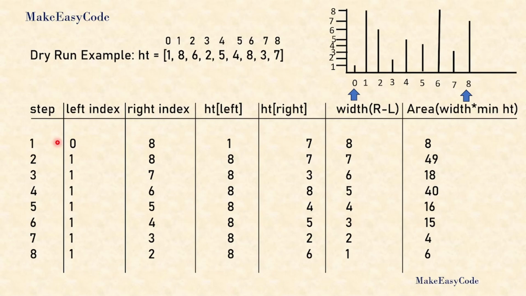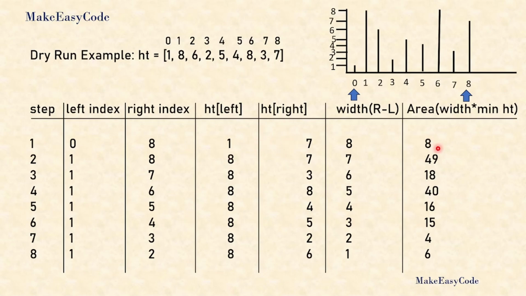Now in the first step, the left index is 0 and the right index is 8. You can see in the graph, the values are 1 and 7, and width becomes 8 minus 0, that is 8. The minimum height is 1, and we have to compare with these two columns each time for the minimum height.